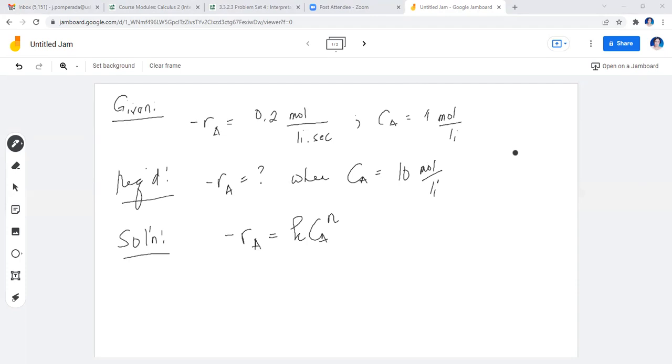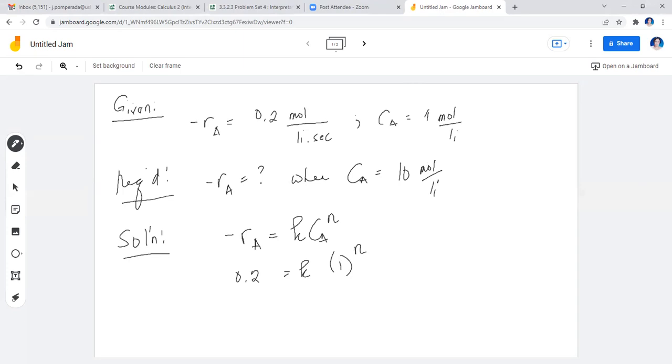So from the pair of information that I have here, I'll use that one. I have 0.2 equal to k times C sub A, 1, raised to n. Whatever the value of n would be, 1 raised to n is still 1, right? So 1 raised to 1 million, 1 raised to 1 half, 1 raised to whatever number is still 1.